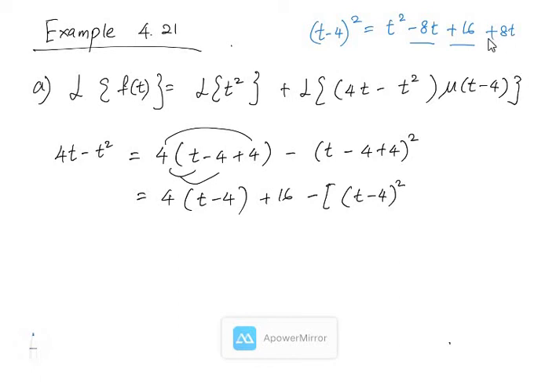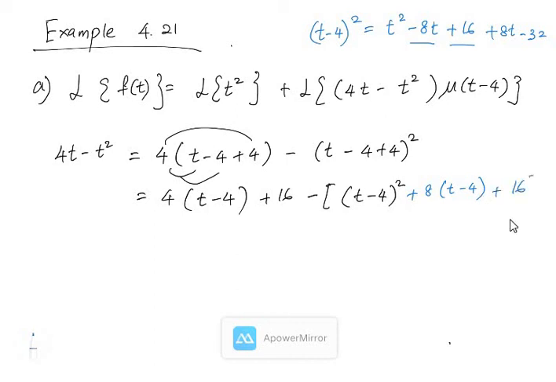So this 32 is an extra, so we need to minus 32. Therefore, we need to add (t minus 4), so this one is actually the same. For 8 times (t minus 4) and minus 32, and then plus 16.